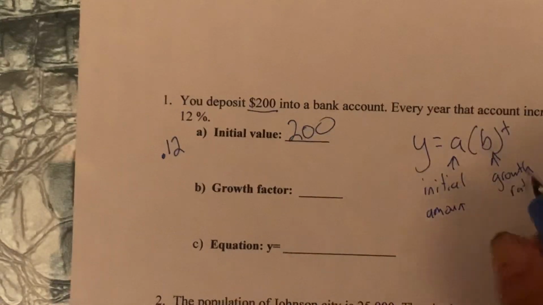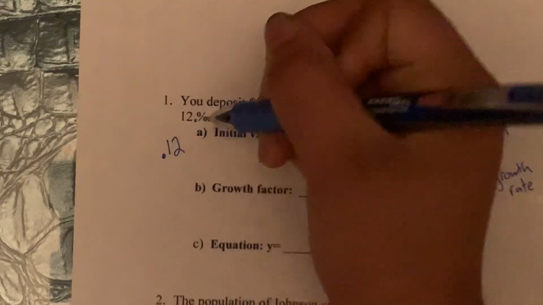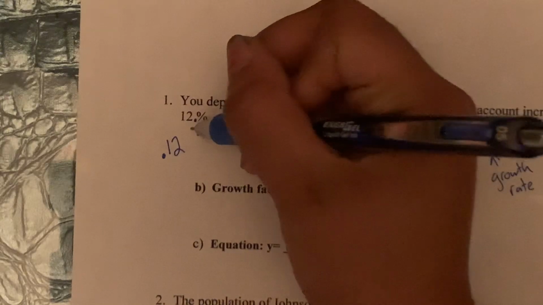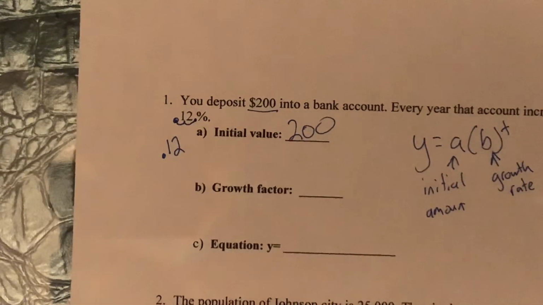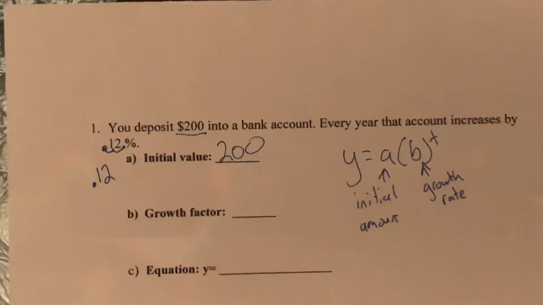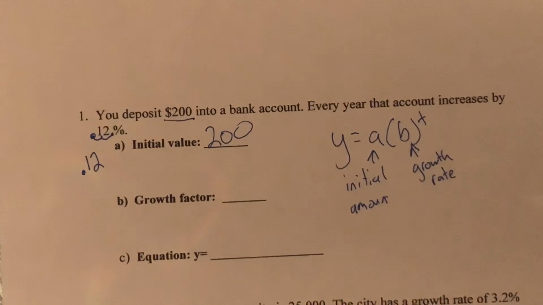I could also do that by moving the decimal 2 places to the left. So the decimal is here, move it twice to the left, and now the new decimal is there. So 12% as a decimal is 0.12.